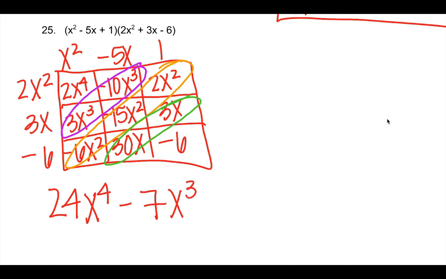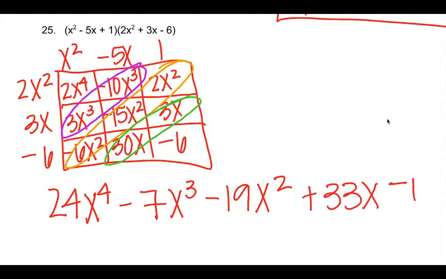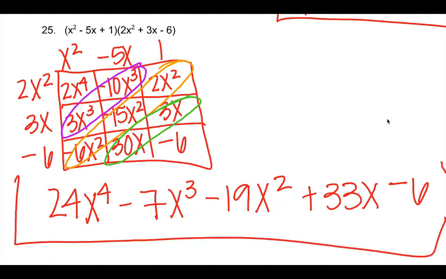Then I've got negative 6x squared minus 15x squared. Same sign so we add, so we're at negative 21x squared. And then negative 21x squared plus 2x squared is going to be negative 19x squared. 30x plus 3x is 33x. And then we've got the negative 6 hanging out. It's long, but that's the simplest version.